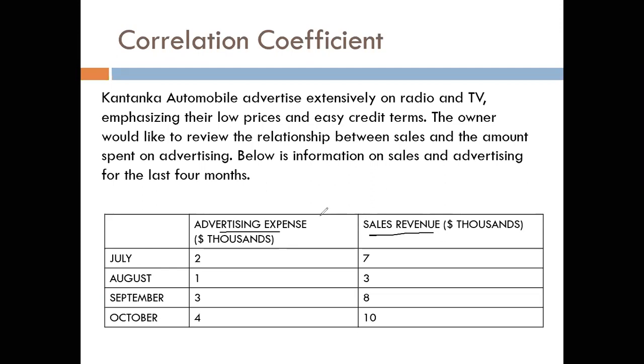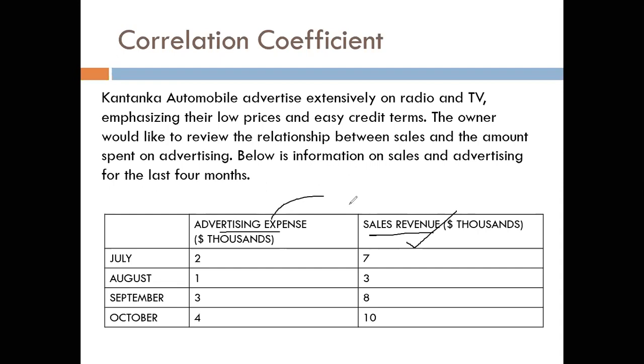Now, like we said from the beginning, anytime we have two related variables, there are scenarios where one variable influences the other. So in this case, we can clearly see that the sales, the revenue that is made, will depend on how much advertisement they make.